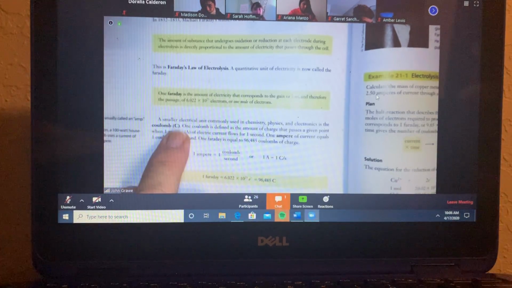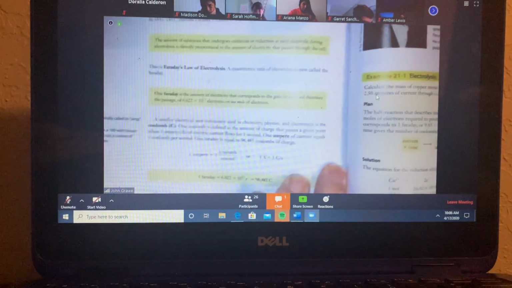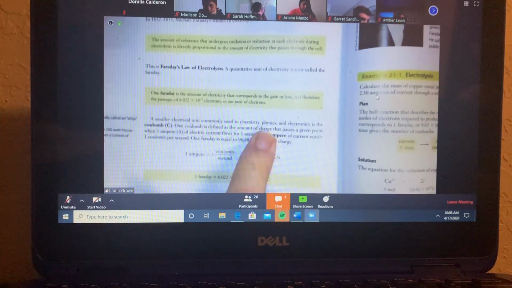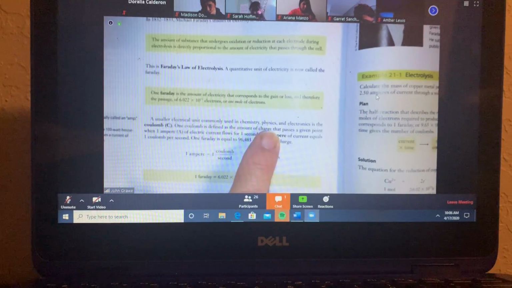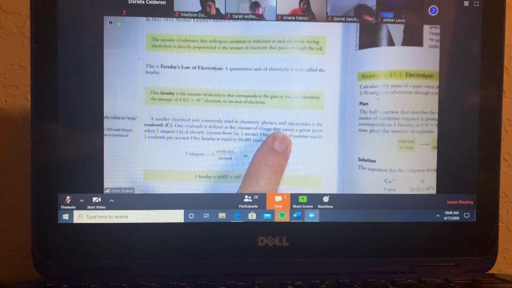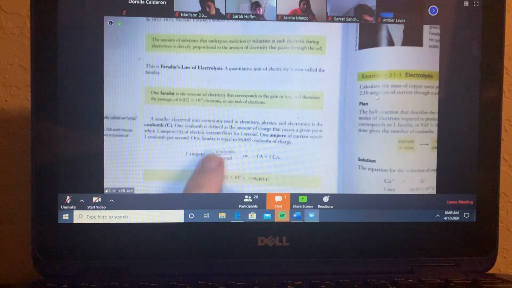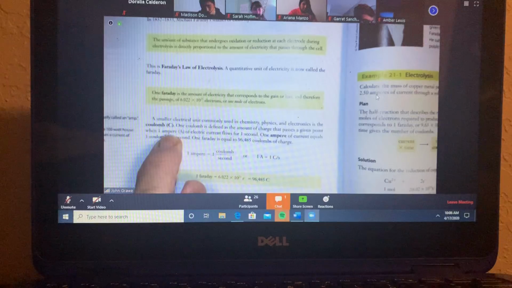So this is the amount of charge that we can think about standing on a bridge and watching water flow by in a river. The bridge is going to be water passing underneath, and we would talk about probably gallons per second.